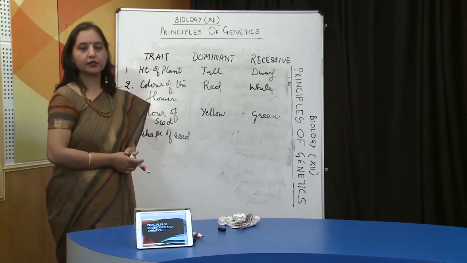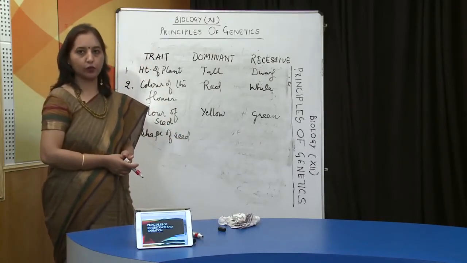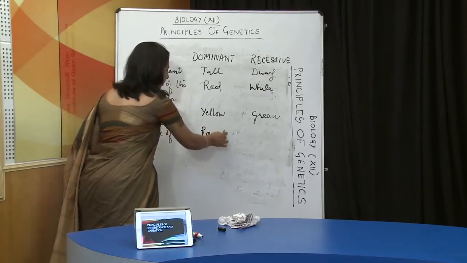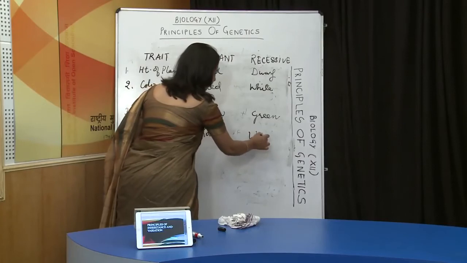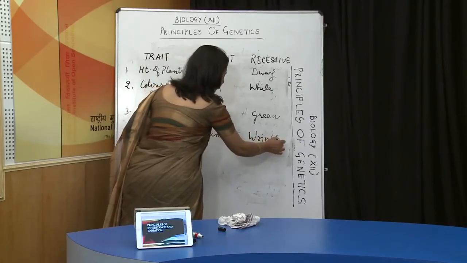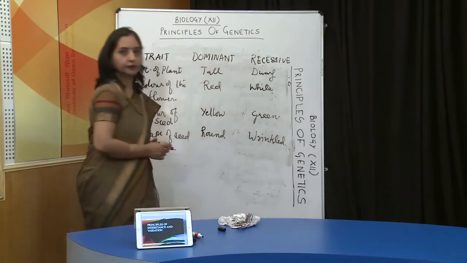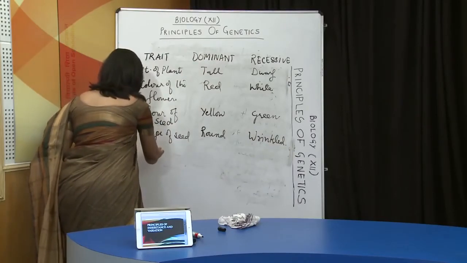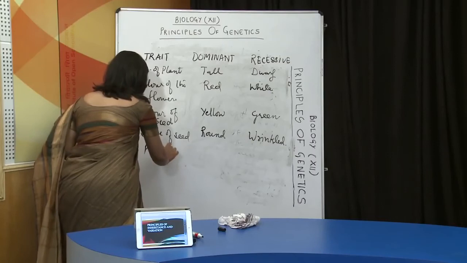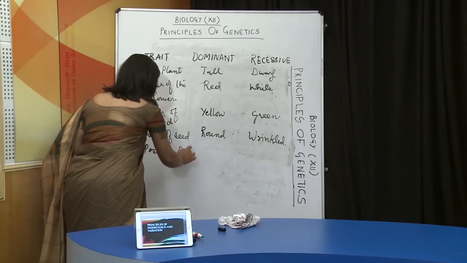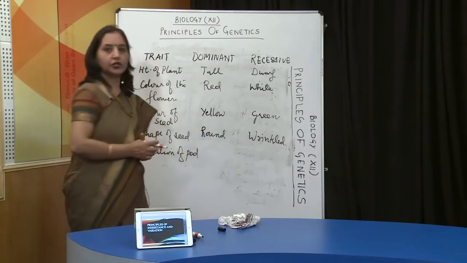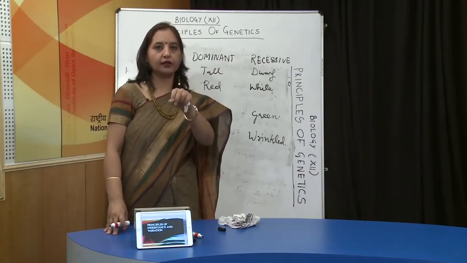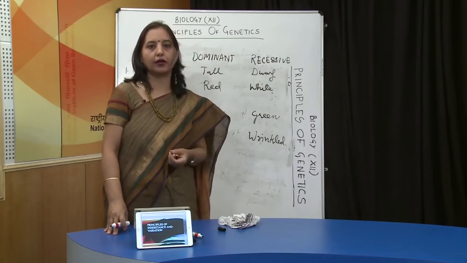Shape of seed: some seeds were round and some were wrinkled, and the round shape was dominating over wrinkled. Next trait was position of pod. Pod is the fruit of the pea plant wherein the seeds are found.